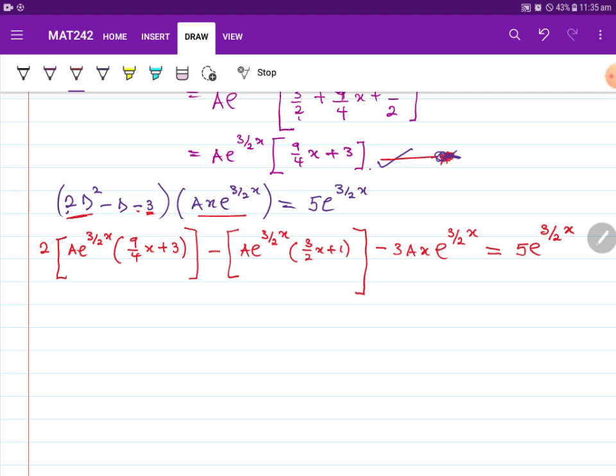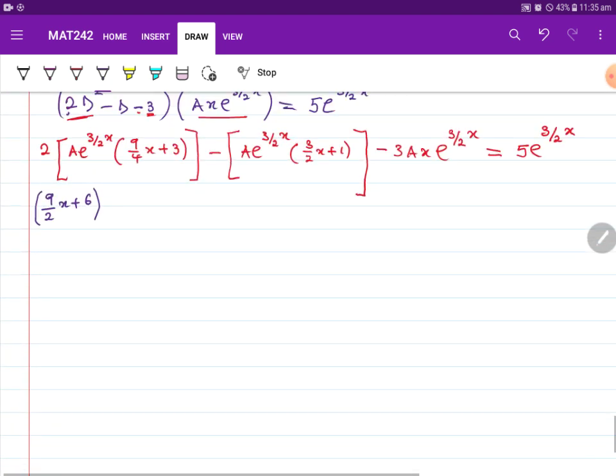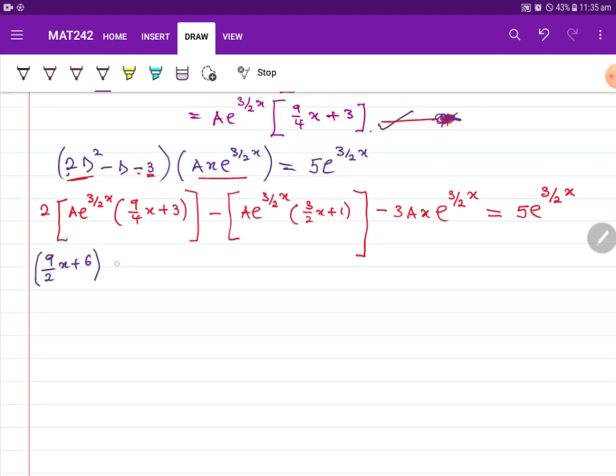Then we can say that what is there is the same thing as, this 2 is multiplying what is there. So if I multiply it with the 2, it's going to give me 9 over 2x plus 6. 2 times this, 9 over 2. 2 times 3 is 6. Sorry, that's a mistake. A e^(3/2 x) for the first one.